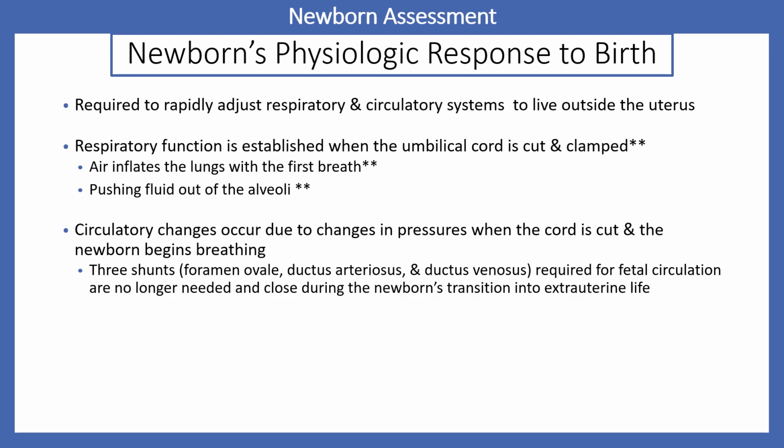Since the three shunts are normal findings in the fetus, it is impossible to predict whether they will close normally after birth. These bypass pathways in the fetal circulation make it possible for most fetuses to survive pregnancy even when there are complex heart problems and not be affected until after birth when these pathways begin to close.